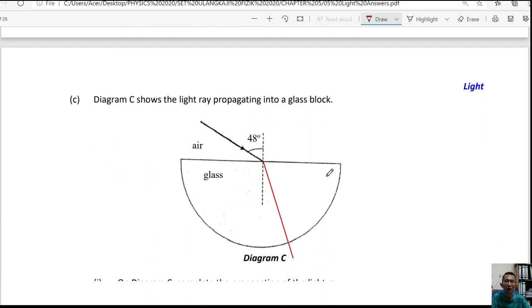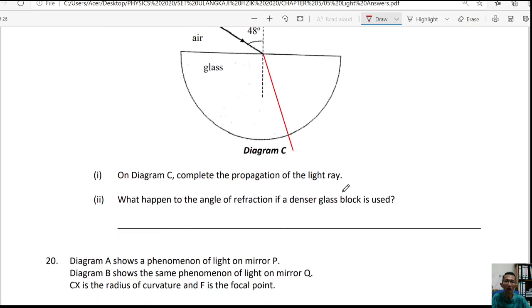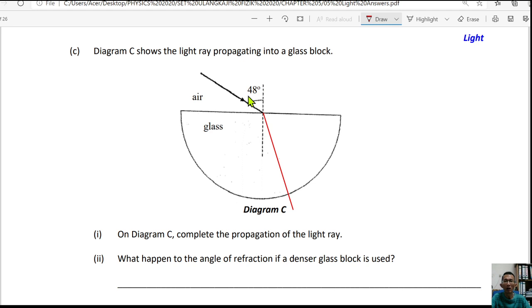Alright, now we move on. Diagram C shows the light ray propagating into glass block. In diagram C, complete the propagations of the light ray. Okay, so I know the density of air is less than the density of glass, definitely, right? So I know that the light is entering a more dense area. So what happened to the light?